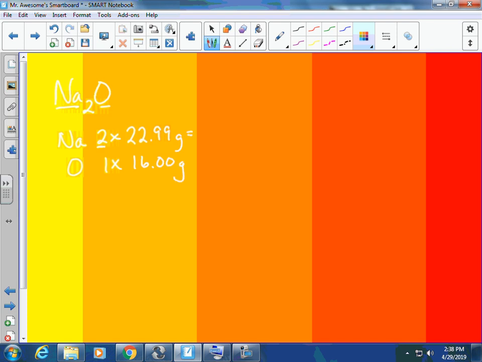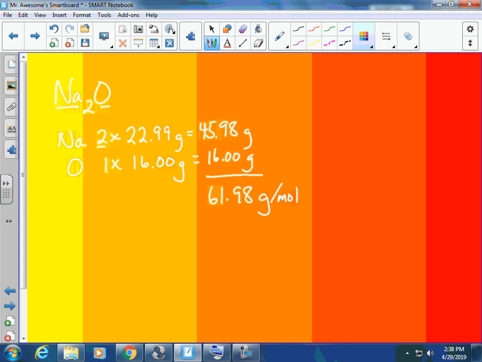So 2 sodiums at 22.99 is going to give me 45.98 grams, I believe. And then 1 times 16 is just 16 grams. This would give me an overall mass for this molecule of 61.98 grams. That is how many grams are in 1 mole. Okay.